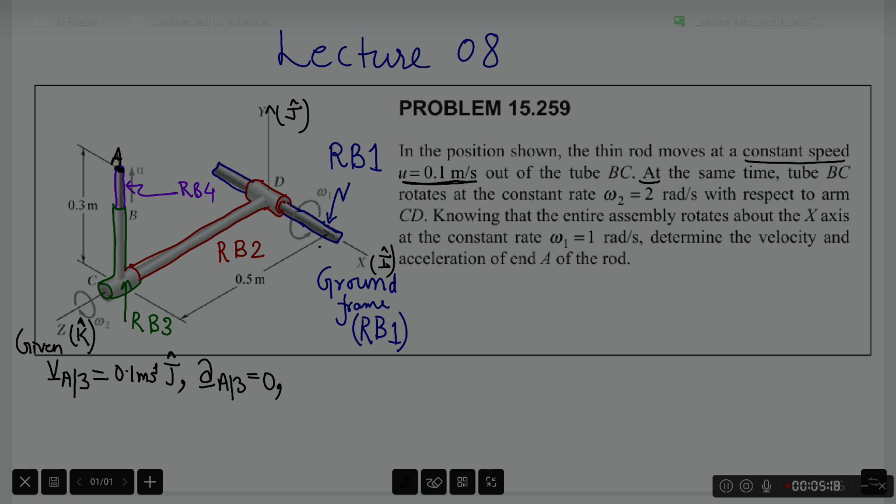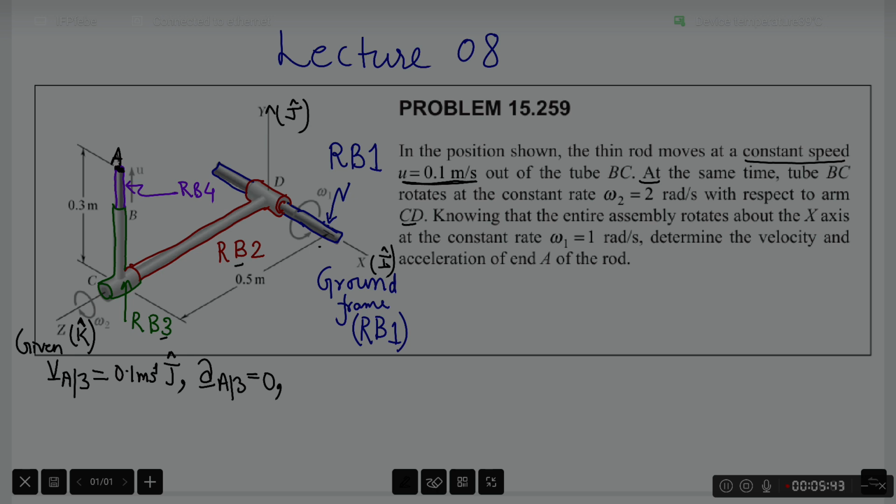Moving on, at the same time, tube BC rotates at the constant rate of 2 radians per second with respect to arm CD. So tube BC is what I am calling RB3, and arm CD is what I am calling RB2.